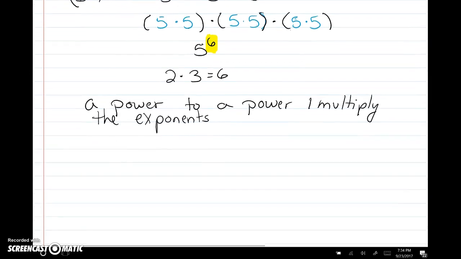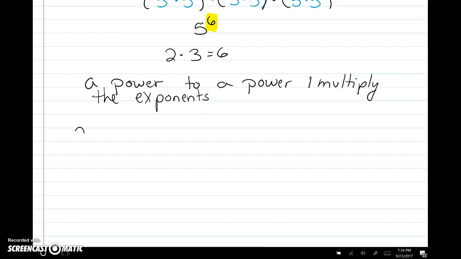Let's try one more. Let's do 2 to the 4th to the negative 2. Again, we're going to multiply. I'm going to keep my base. Base is 2. And now I'm going to multiply. 4 times negative 2, which equals negative 8.